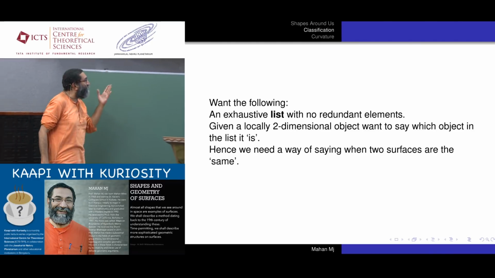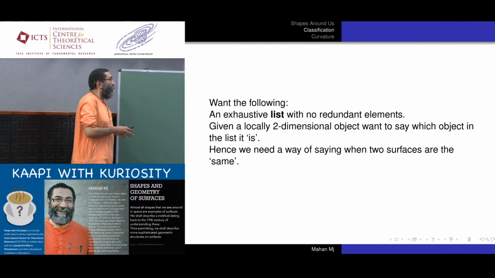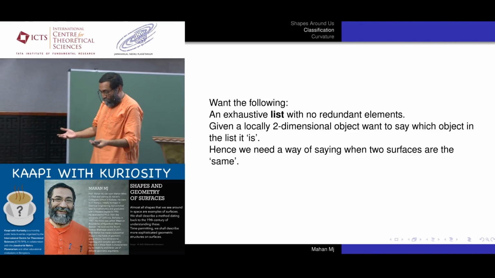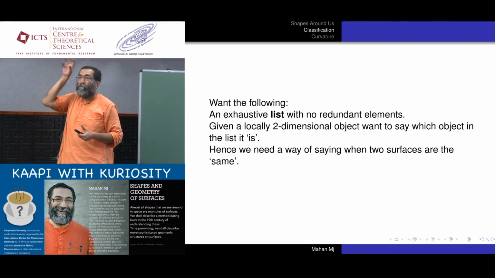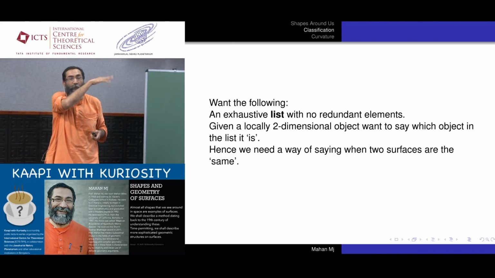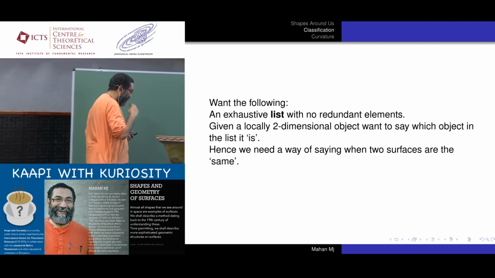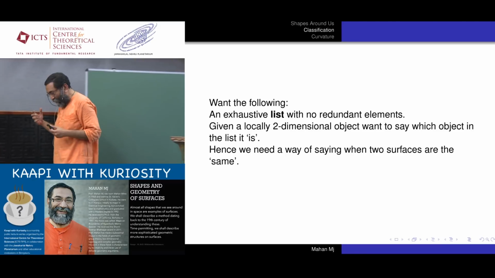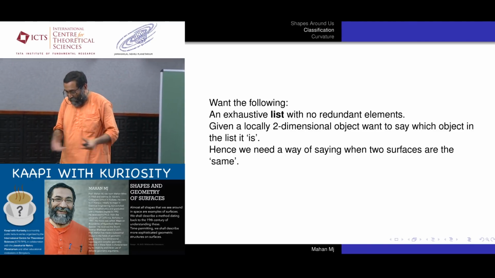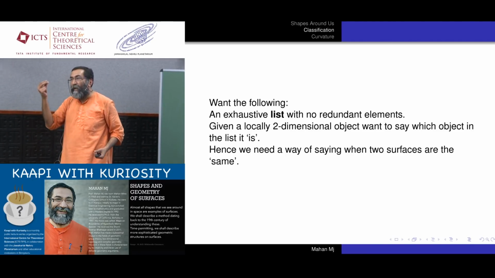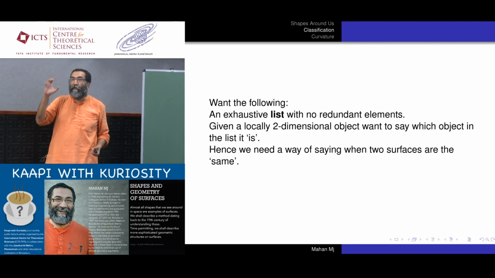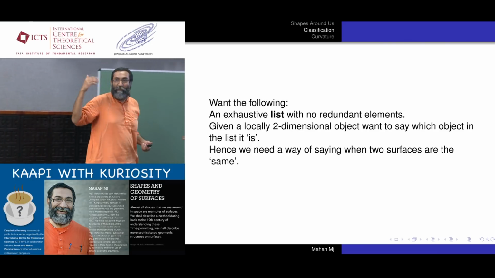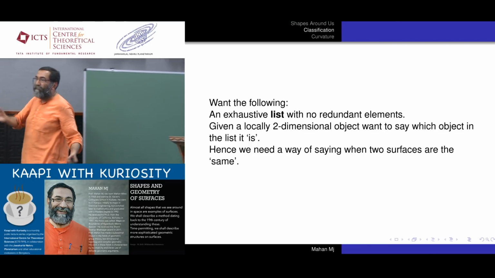The second thing that we need is to say, given two surfaces, they are the same, which means that they belong to this particular docket, which is given by this exhaustive list. Okay. So essentially, first, a list. Second, a method, which will terminate in finite time, it's also called an algorithm, of saying which precise object in this list it is.